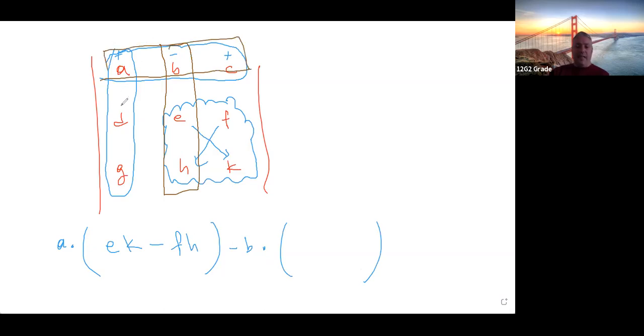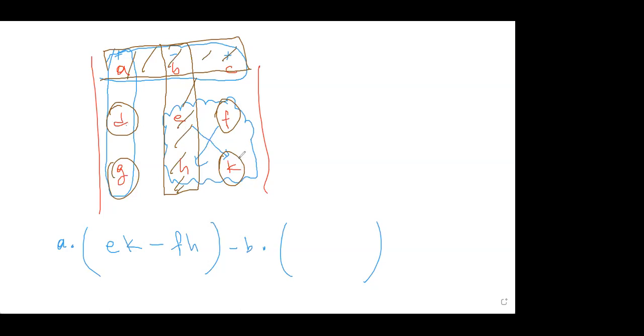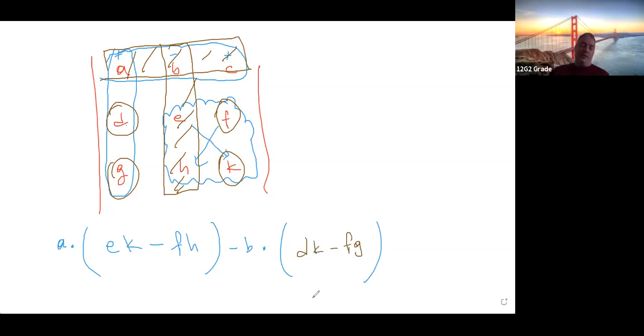So what is left? D, F, G, K left. So we close this, we close this. So what is the determinant? D times K minus F times G. Finished. And then plus C times, so C is the easiest one.